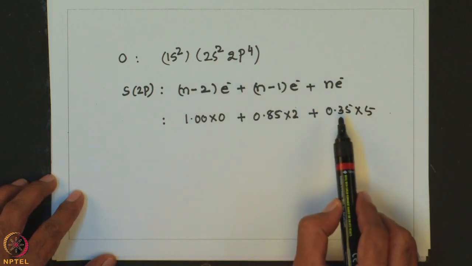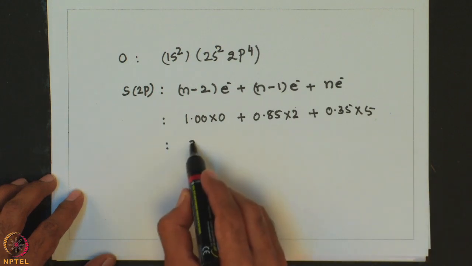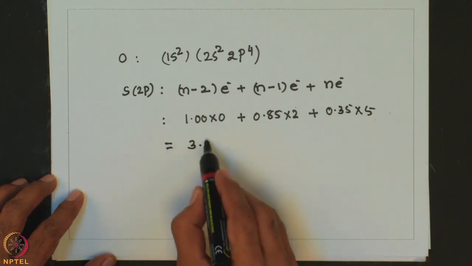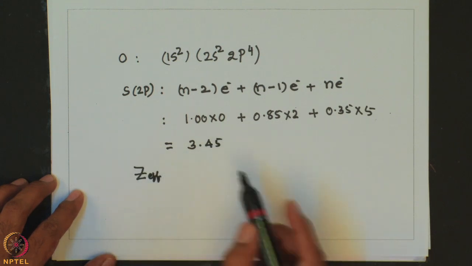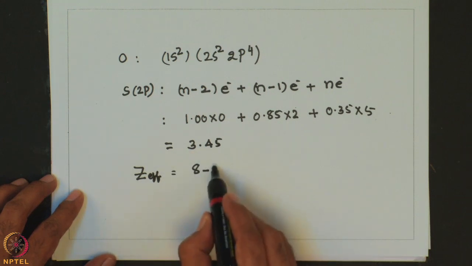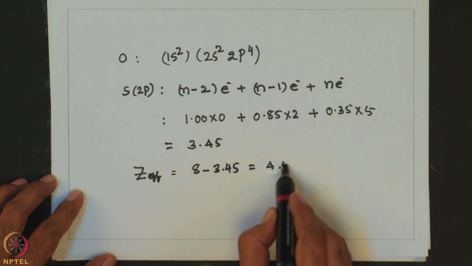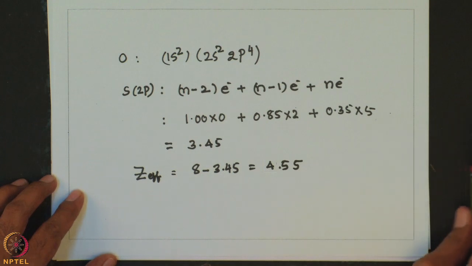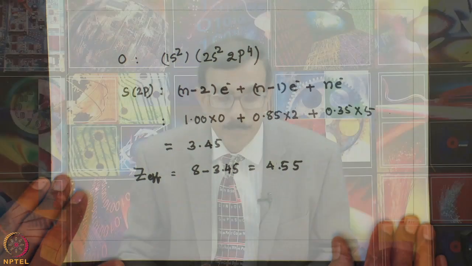So, this will come around 3.45. Now Z effective of the 2p electron of oxygen is 8 minus 3.45, that is equivalent to 4.55. So, this is the effective nuclear charge for the 2p electron in oxygen atom. This is how one can calculate without any problem.